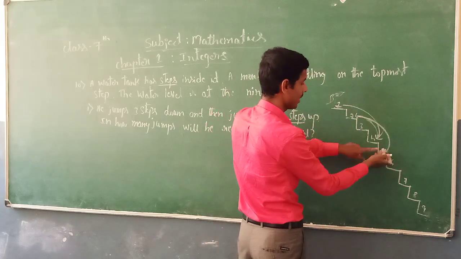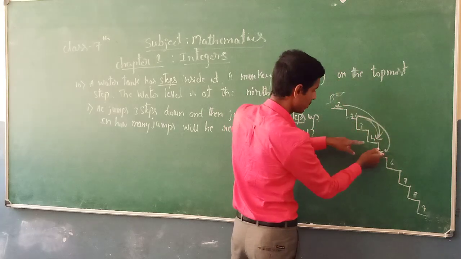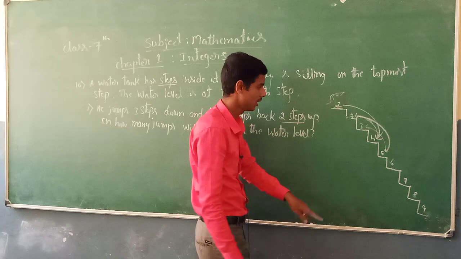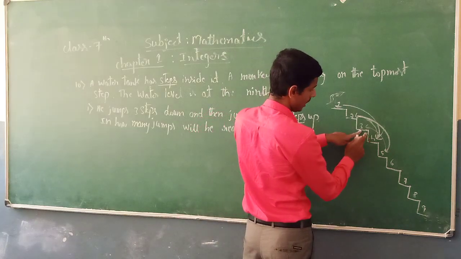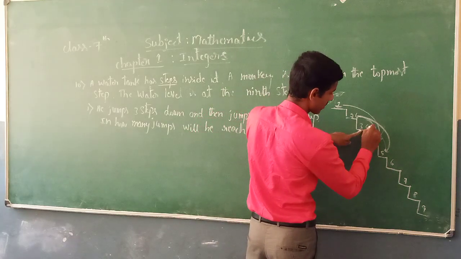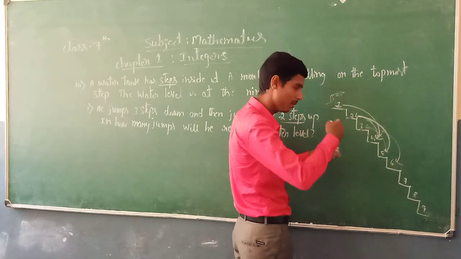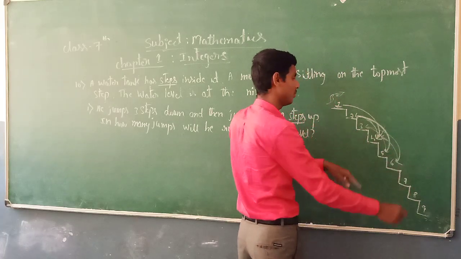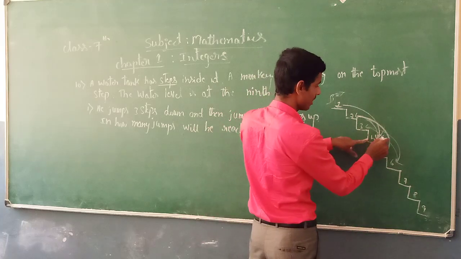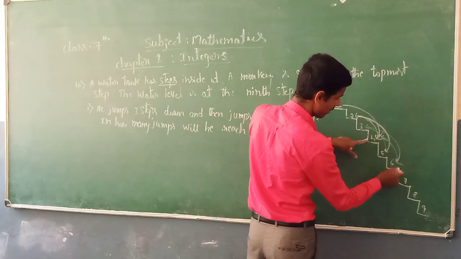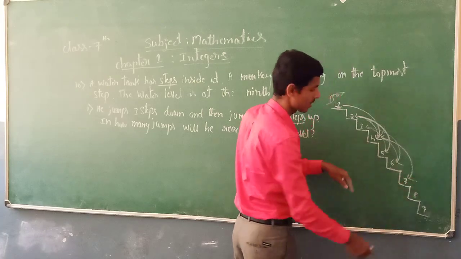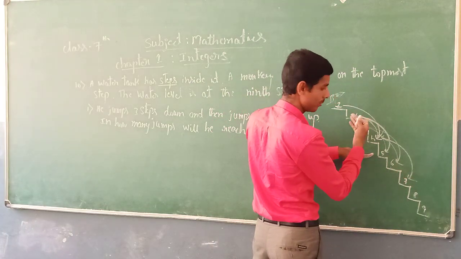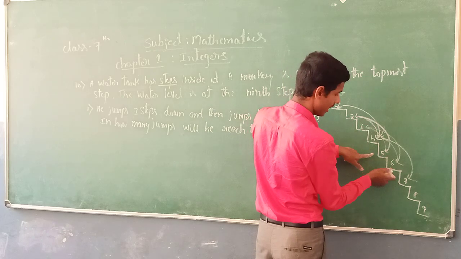So from 5th step again it will come back. 4 and 3 to here, right? Again from 3, 3 steps, 4, 5, 6. 6th step. Again previous 2 jumps, 5, 4. This is 4, right? From 4th step again 5, 6, 7. 3 jumps in downwards. In upwards we have 2 jumps.